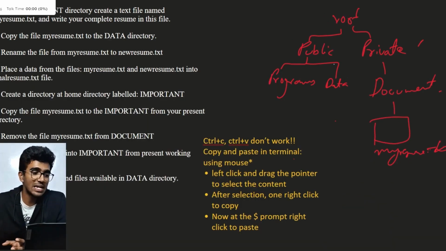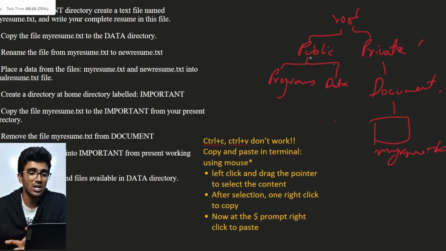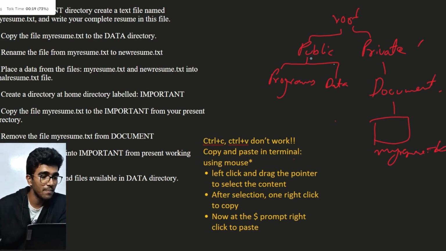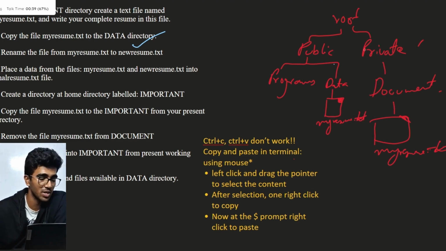So before we enter into question number 5, let's update our tree structure. This Linux tree structure is better if you have written it somewhere before you actually do a problem, so that it helps a lot. Remembering all this in mind is a bit tricky. So first we created a copy file in the data directory, so we'll update over here: myresume.txt.